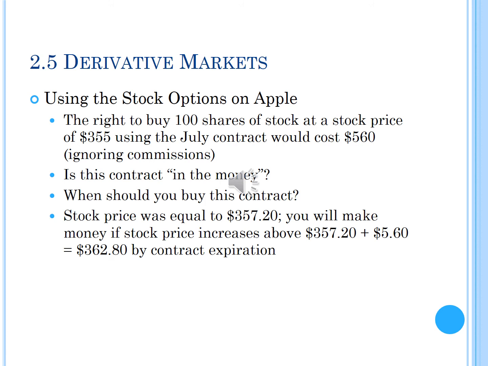Okay, so we would consider that exercising the call option would cost us a specific amount of money. In this case, $5.60 for one share, so $560 per 100 shares. We need to add that to the exercise price, or the strike price, which is $355, and then compare the total of these two with the current market price.